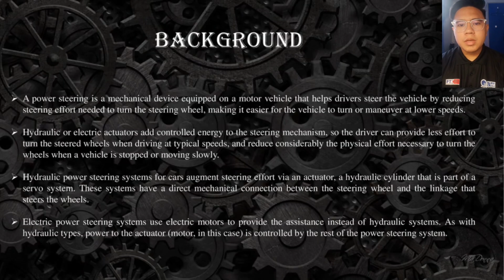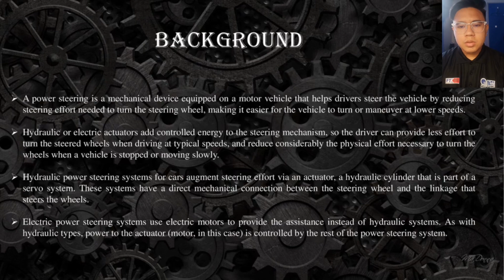So, the background of the engine is, first, power steering is a mechanical device equipped on a motor vehicle that helps drivers steer the vehicle by reducing the steering effort needed to turn the steering wheel, making it easier for the vehicle to turn or maneuver at lower speeds.